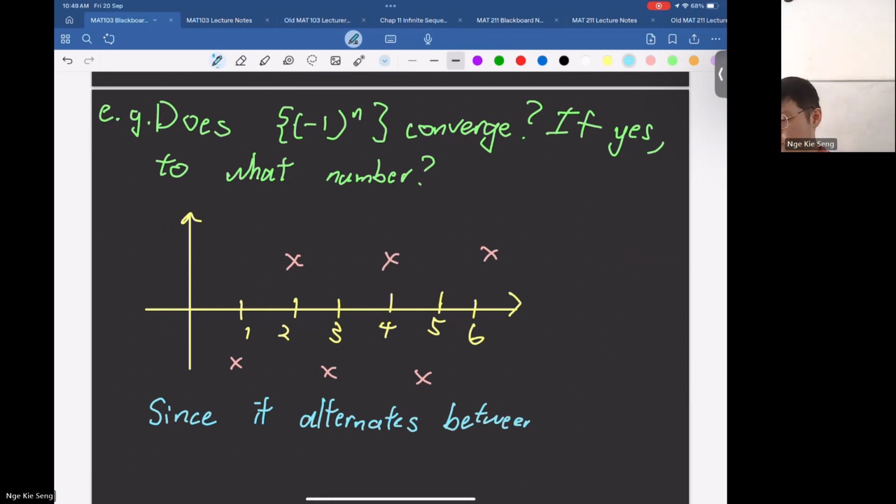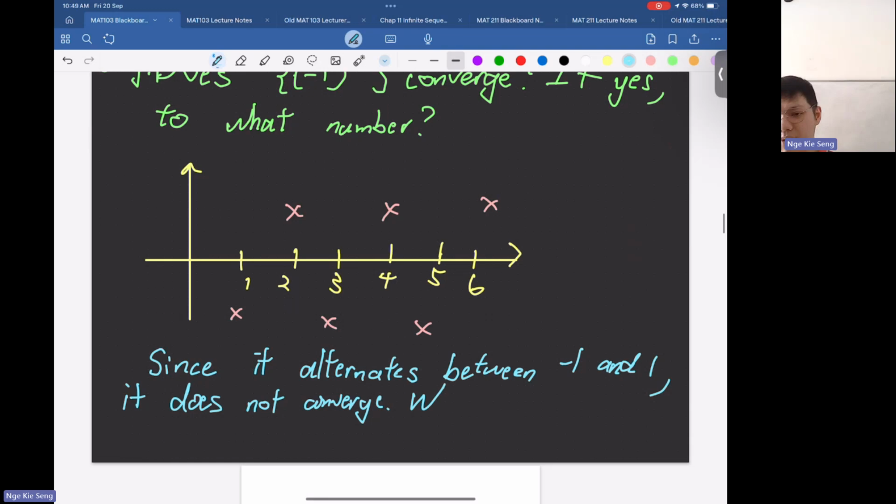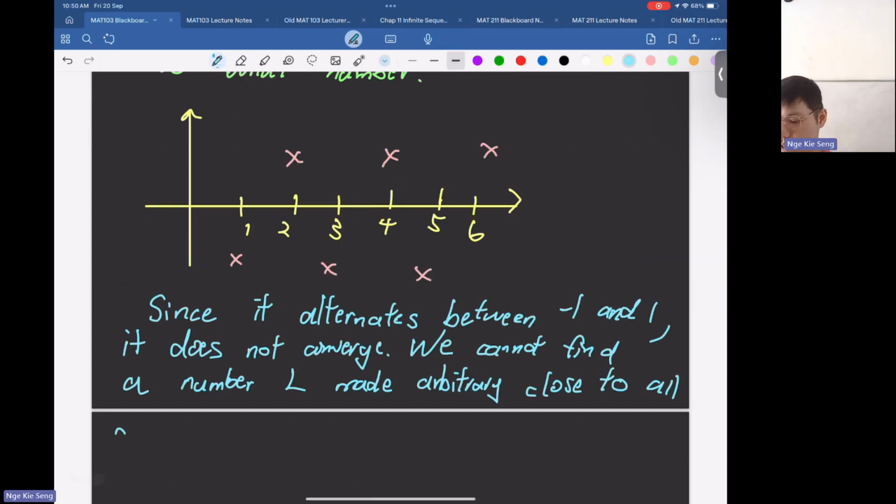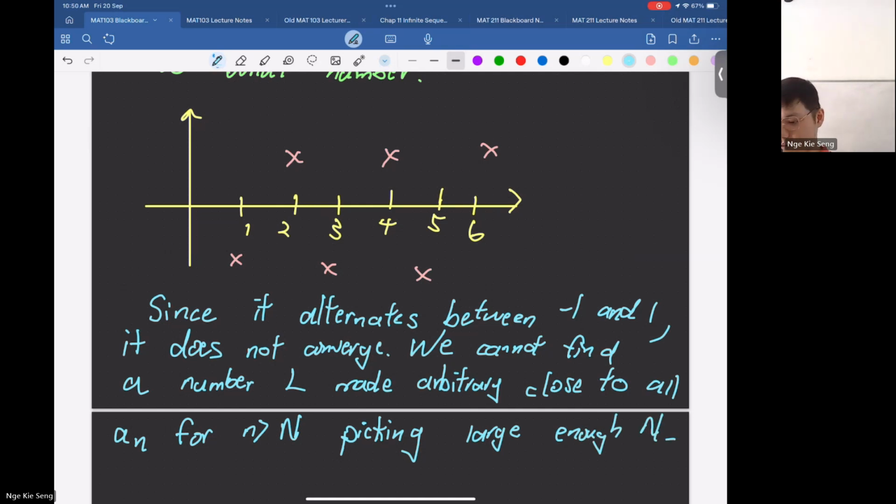So we cannot find a number L made arbitrarily close to all a_n. I'm basically repeating the definition of convergence, just taking the negation. So the sequence diverges.